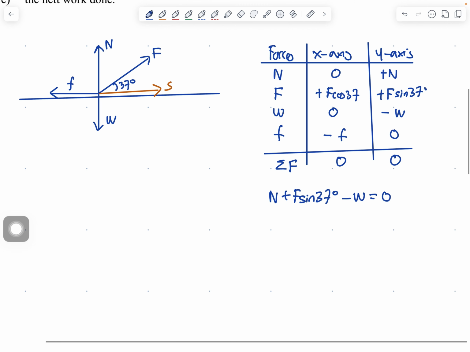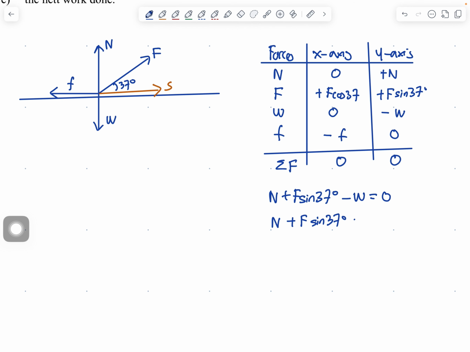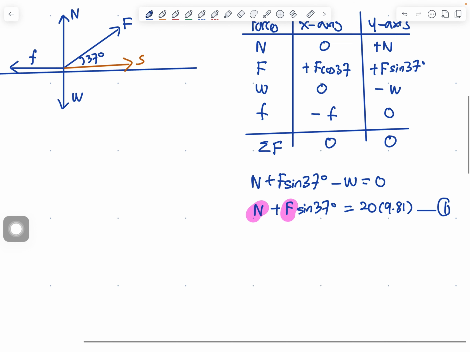I will end up with N plus F sin 37 equals W, and I'm going to substitute weight with mg, 20 multiplied by 9.81. So this will be our first equation with two unknowns, N and the external force F.